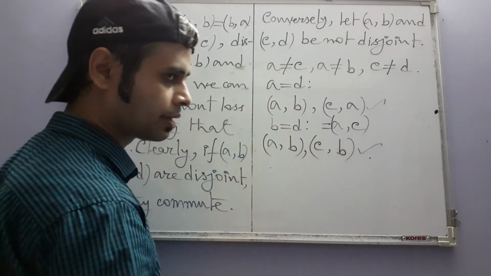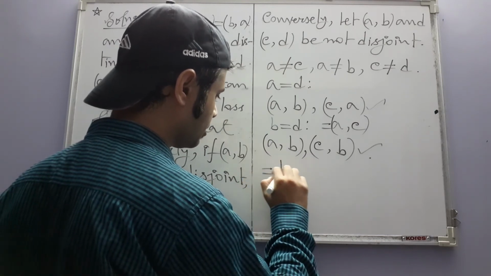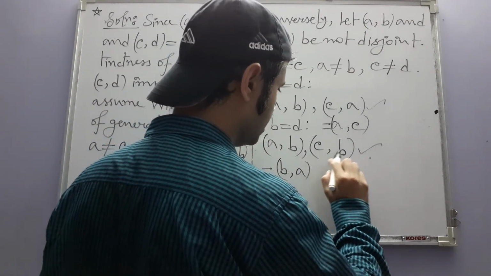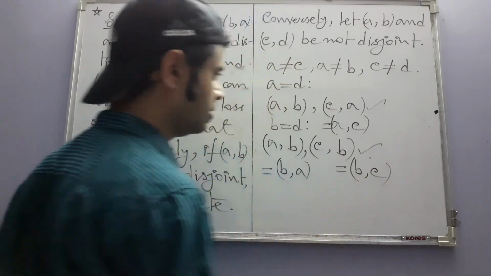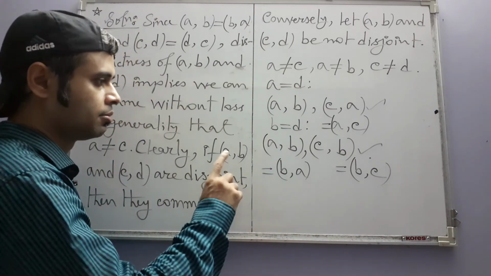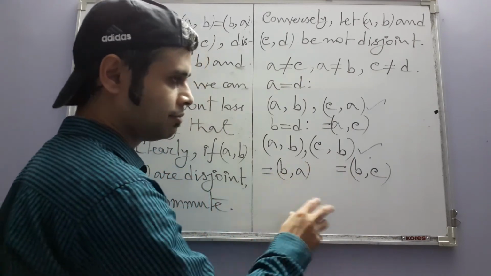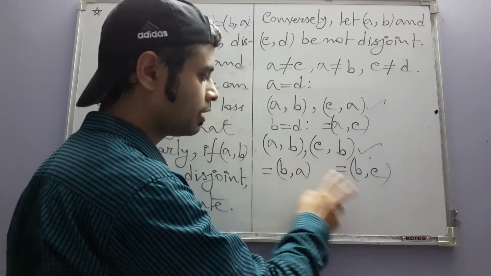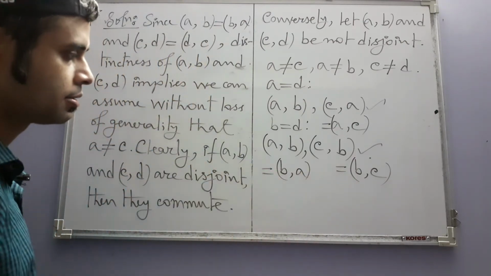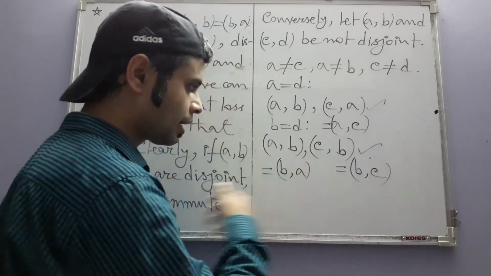Like A comma B and A comma C. Here also we have A comma B. That A comma B can be written as B comma A, and here C comma B can be written as B comma C. So there is essentially no difference between these two cases, because in both the cases the way we have written the first elements, one of the elements involved is the same in both the two cycles, and the three symbols that we see here, A, B and C, they are all distinct.